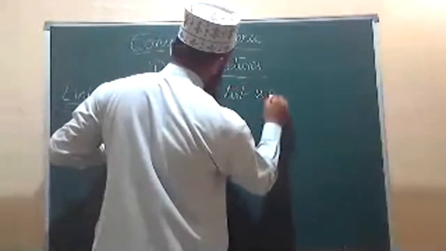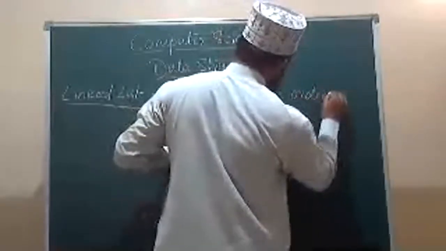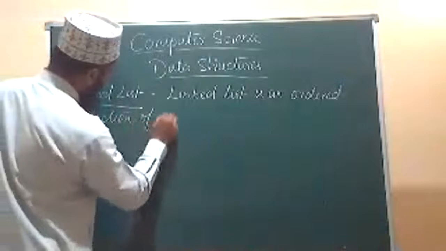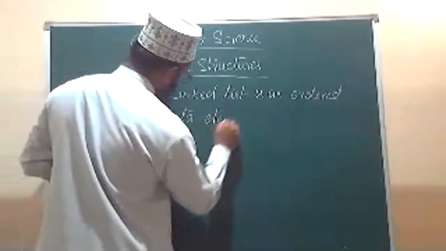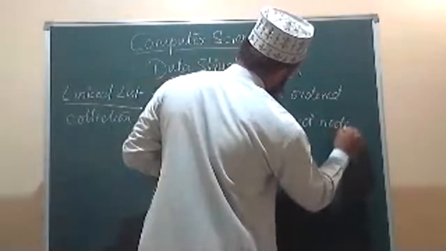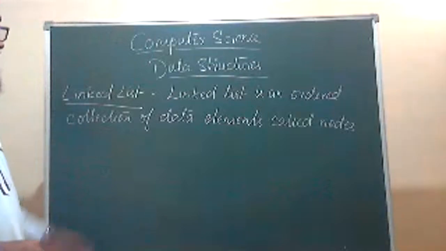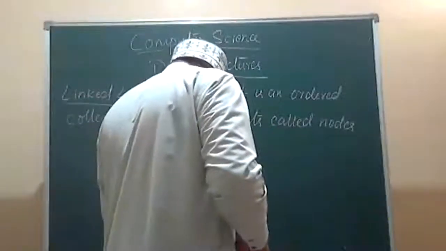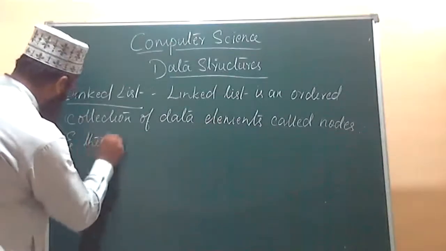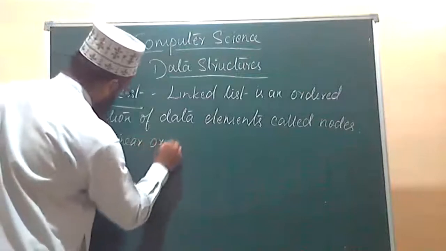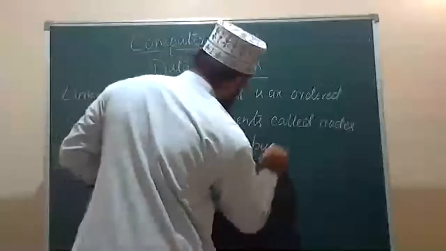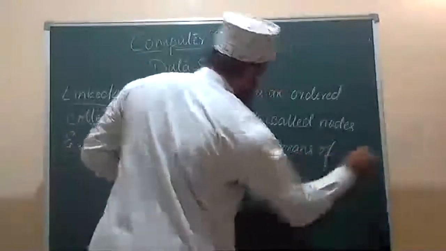A linked list is an ordered collection of data elements called nodes, and the linear order is given by means of pointers.